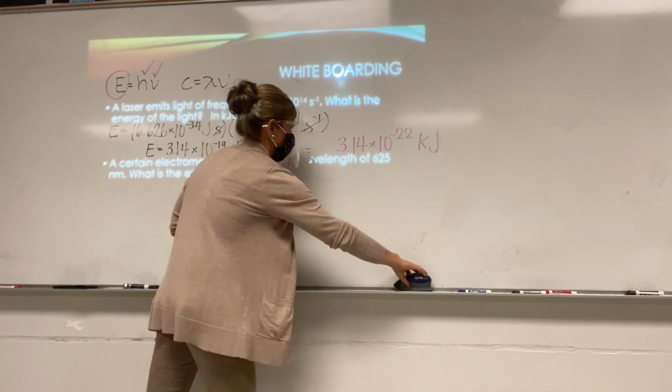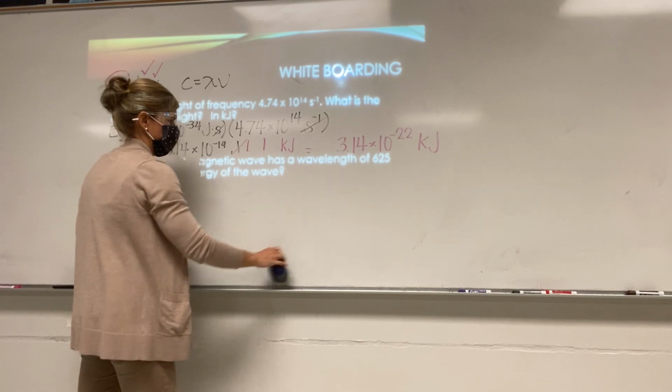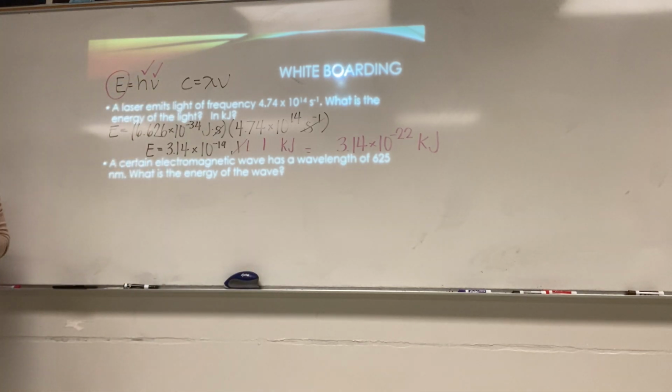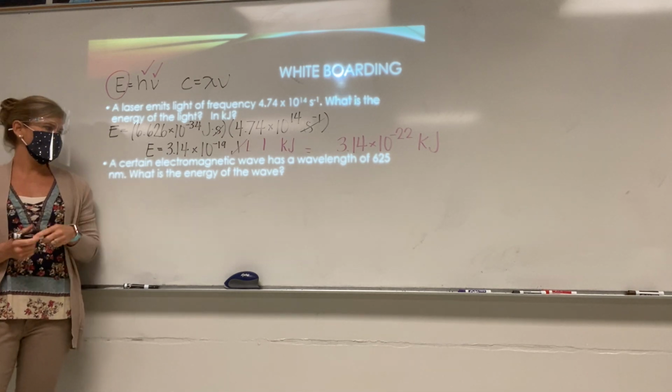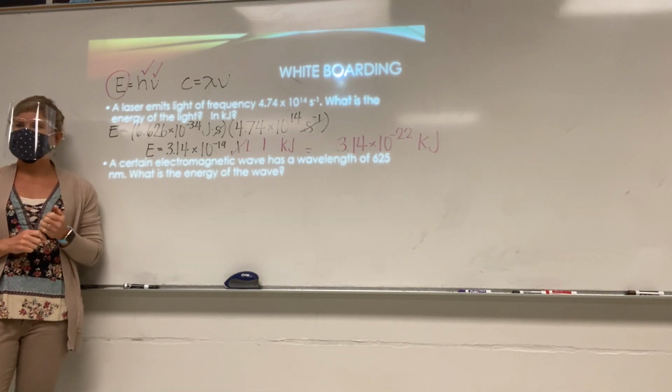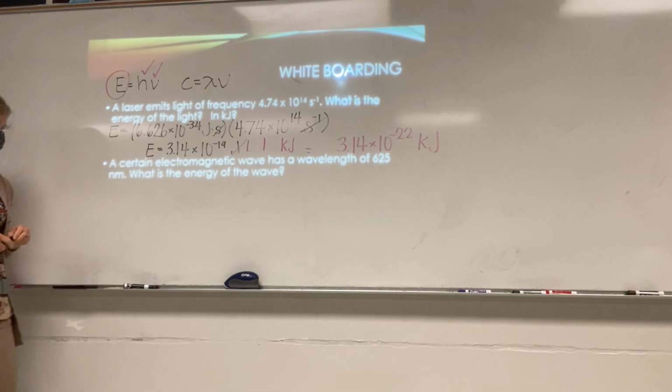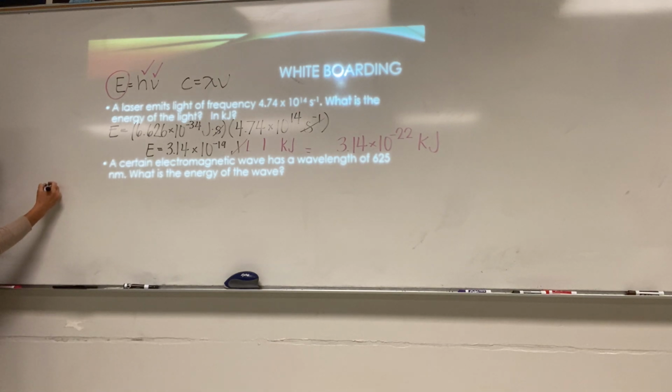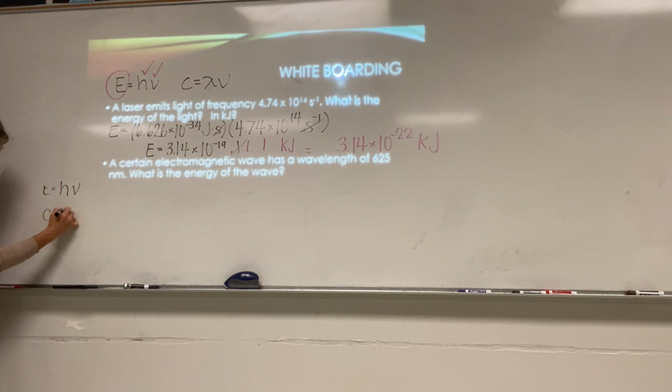Let's do one more together. A certain electromagnetic wave has a wavelength of 625 nanometers. What is the energy of the wave? All right, so let's write down our formulas. I'm trying to calculate for energy.